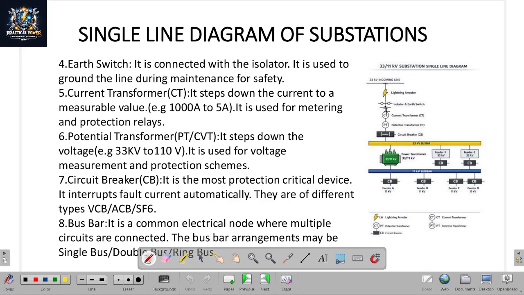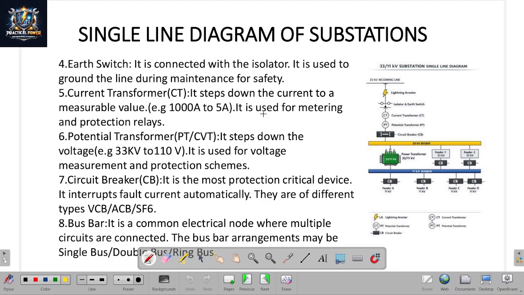Then the current transformer. It steps down the current to a measurable value. Suppose our system is 1000 ampere, it is transformed to 5 ampere through the CT, so that it can be measured easily.